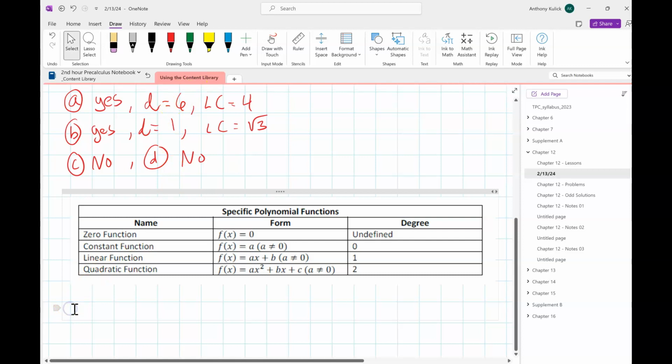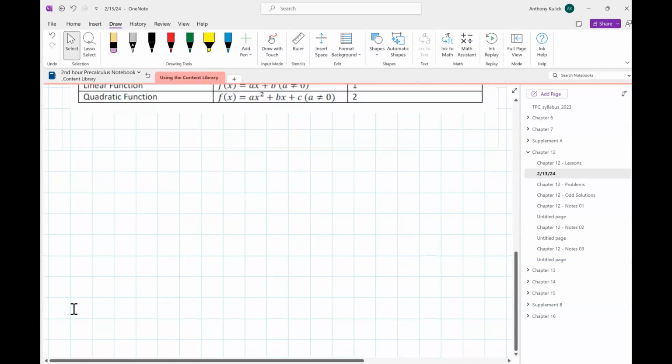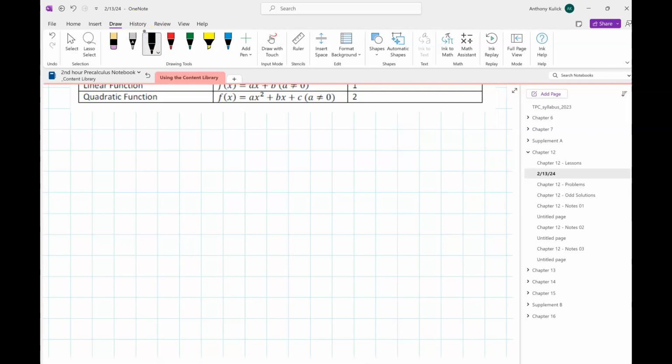The next thing we're going to talk about is correlation. So say we have two variables like x and y, and we want to find out how strong the linear relationship is between those two variables, x and y.